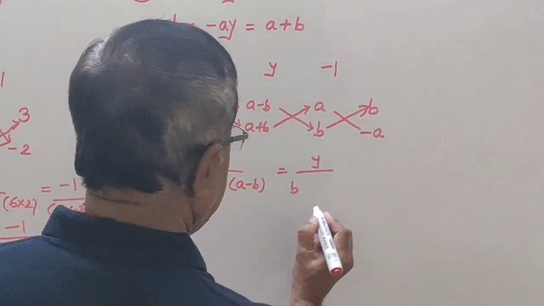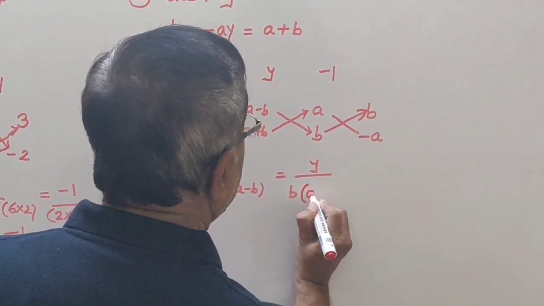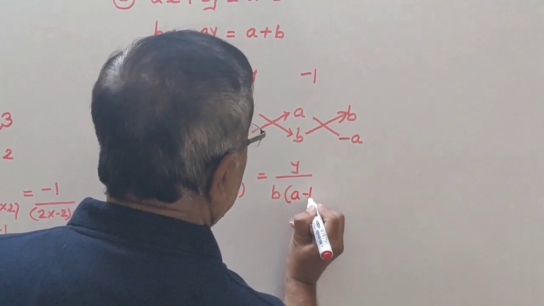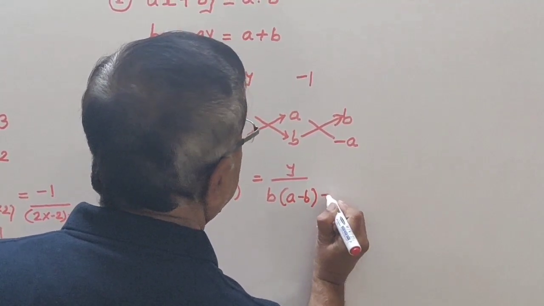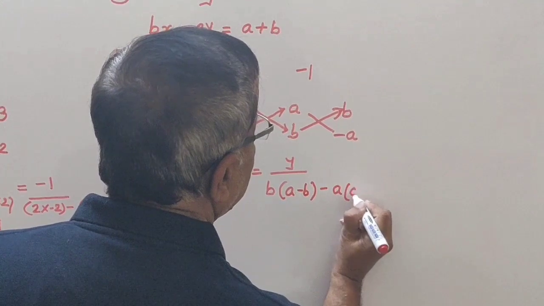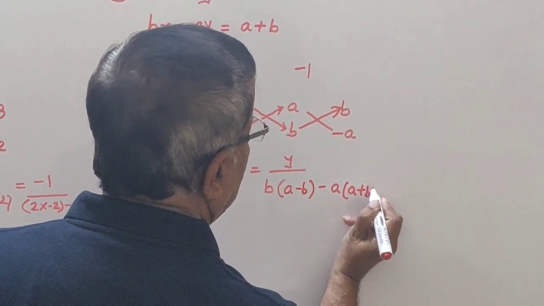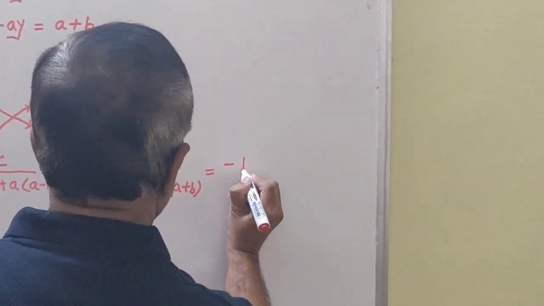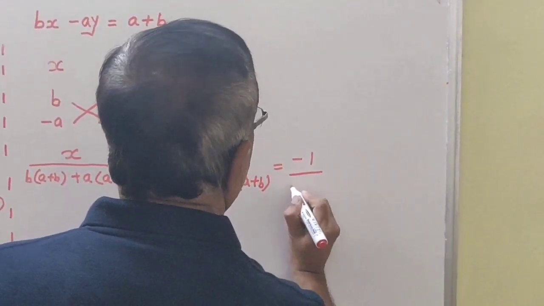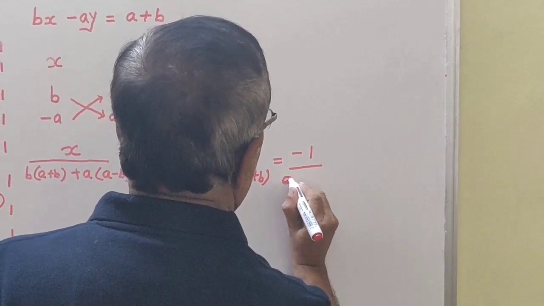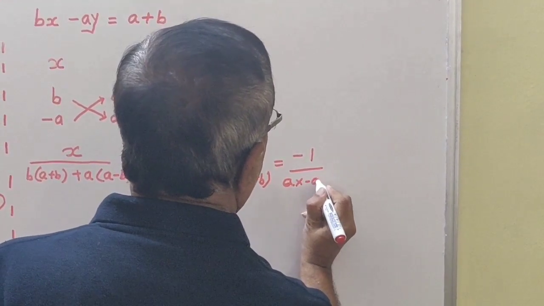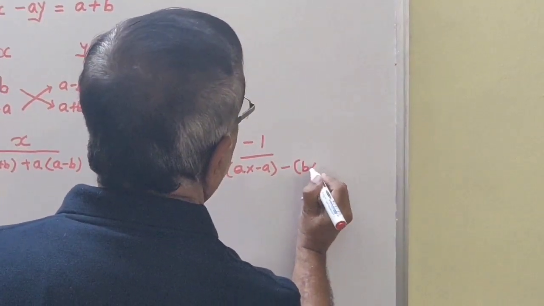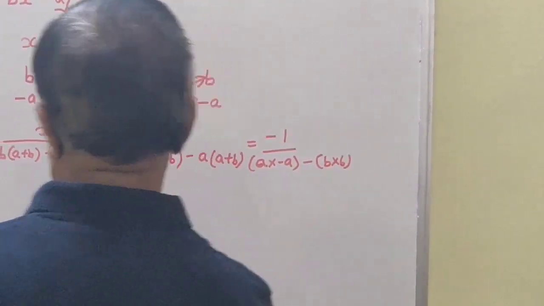Now b multiplied by a minus b. Again I will substitute the minus sign, a into a plus b. Now I will write down this one as minus 1 upon a into minus a. Then I will substitute a minus sign here, b into b.